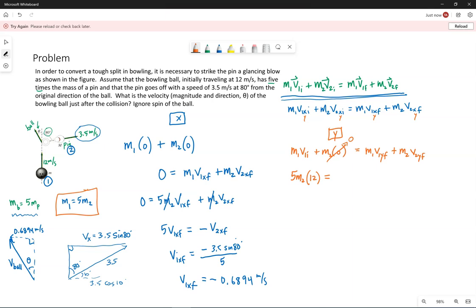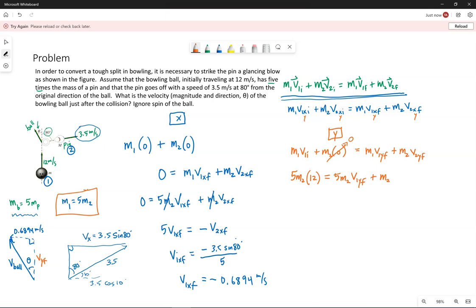The 12 because 12 meters per second is the speed. That has to equal, the ball is still 5 times the mass of the pin. We're looking for this final y component of velocity of the ball. That's going to be in our picture below, that vertical side.